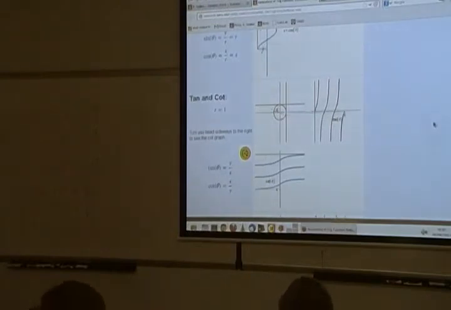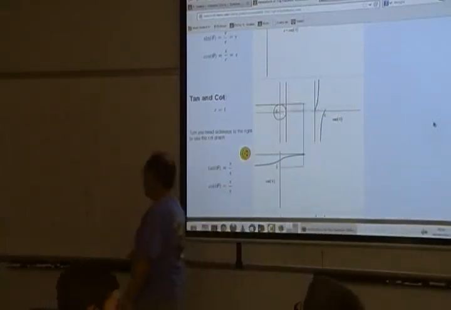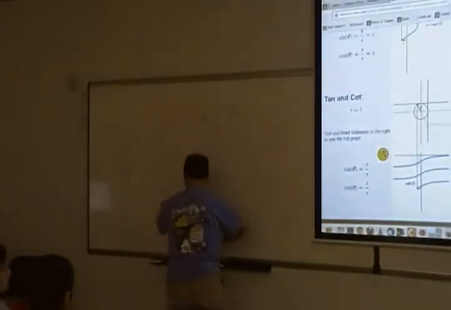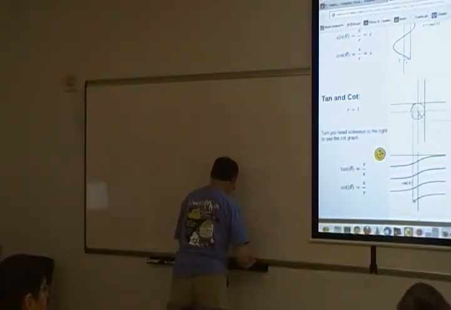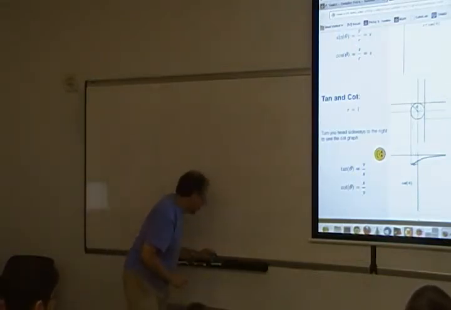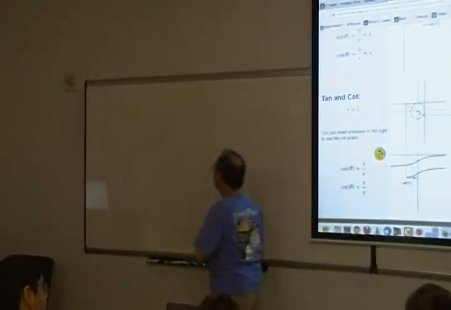Let me draw the circles as a still picture so it doesn't keep moving with us. And the answer is it has to do with similar triangles. So you've got to find the right similar triangles to explain why this works.